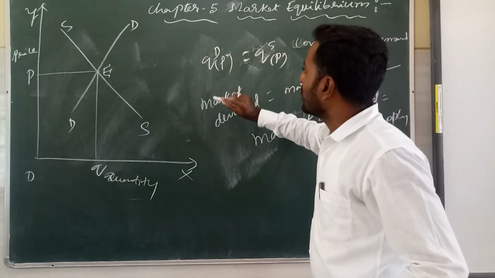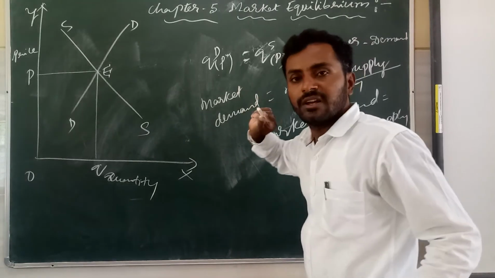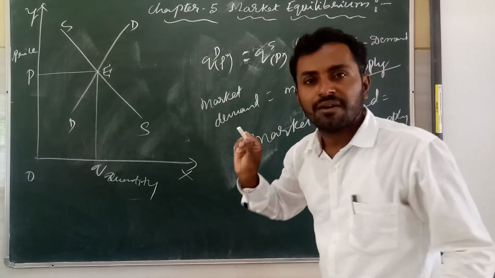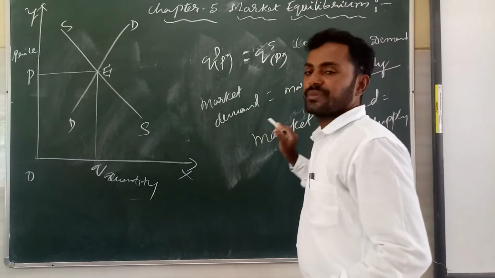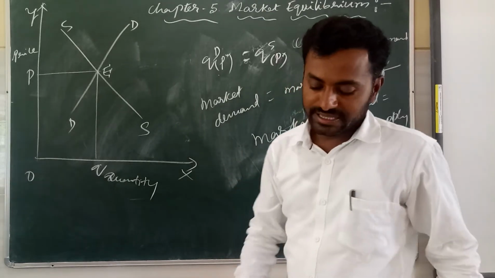QD means quantity demanded, nothing but market demand. At the equilibrium price P, it is equal to QS, quantity supplied, nothing but market supply. Market demand is equal to market supply.